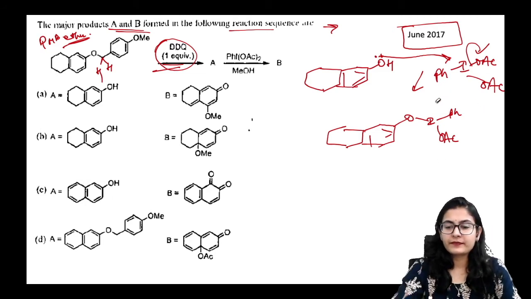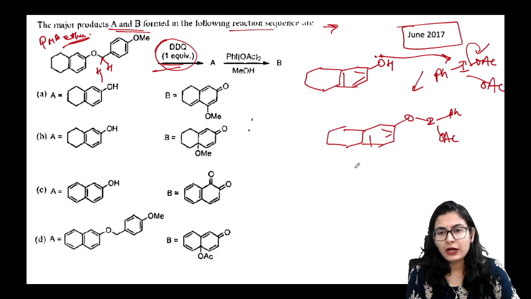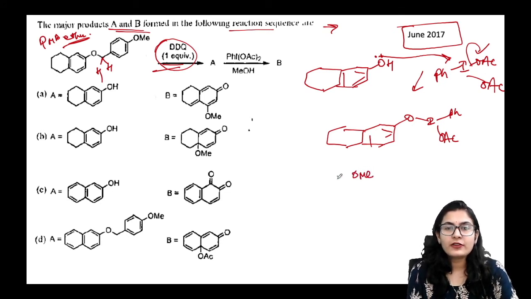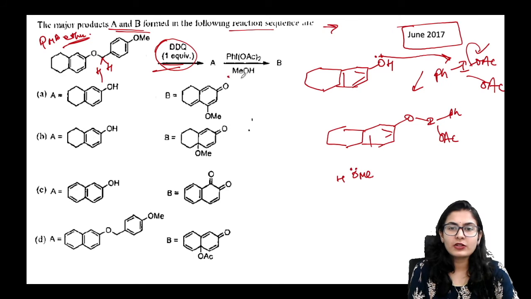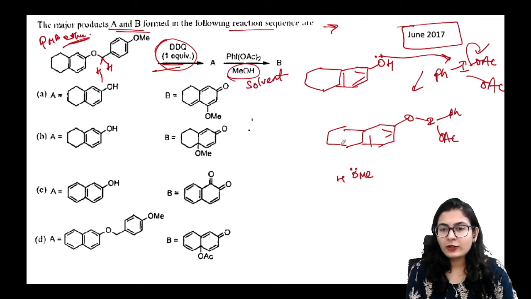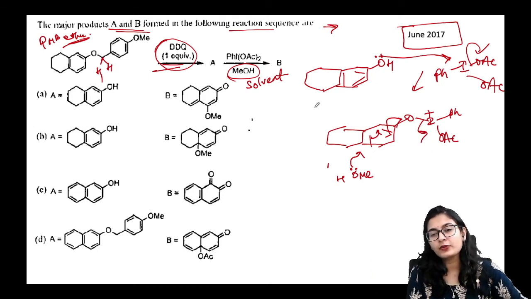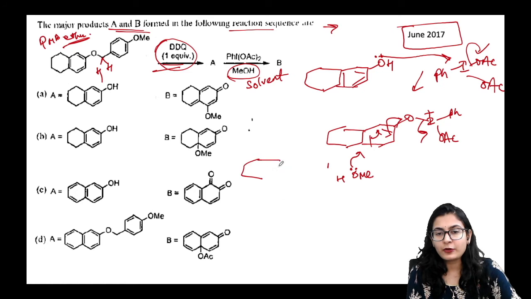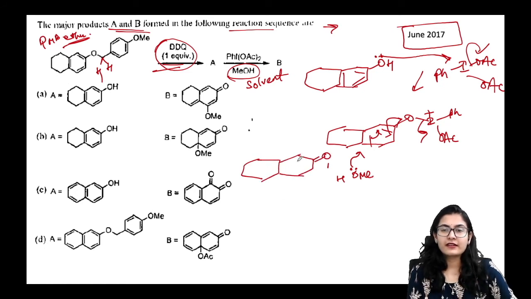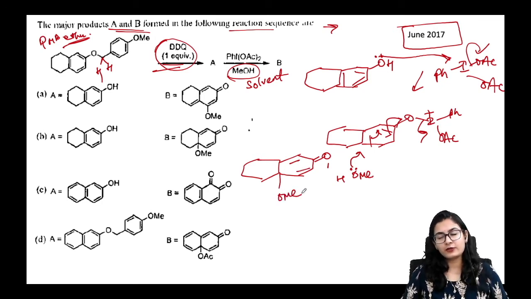So now, in the presence of methanol as a solvent, it is going to be there all the time. Methanol is going to attack over here like this, because iodine is a good leaving group also. So methanol is going to attack over here, and then you see that OMe falls over here.